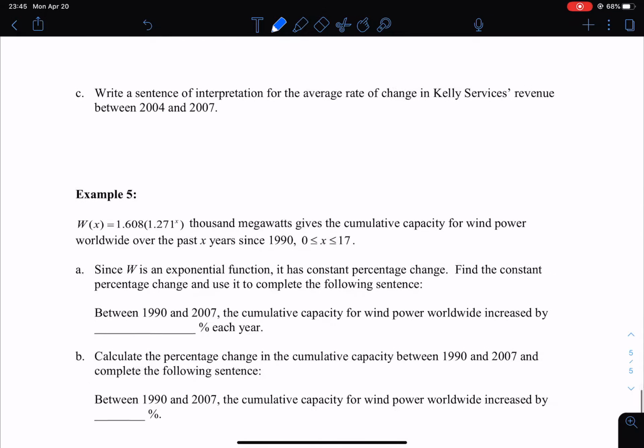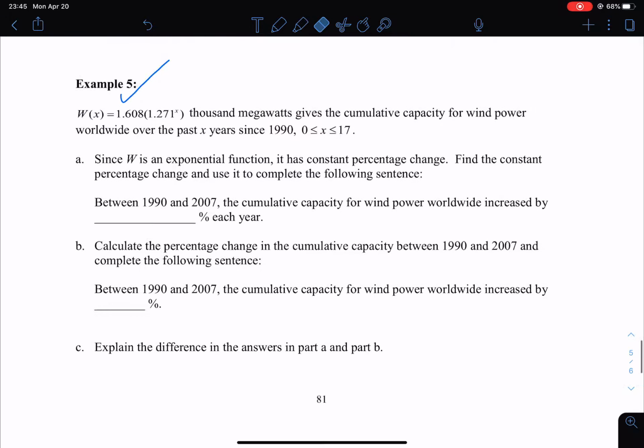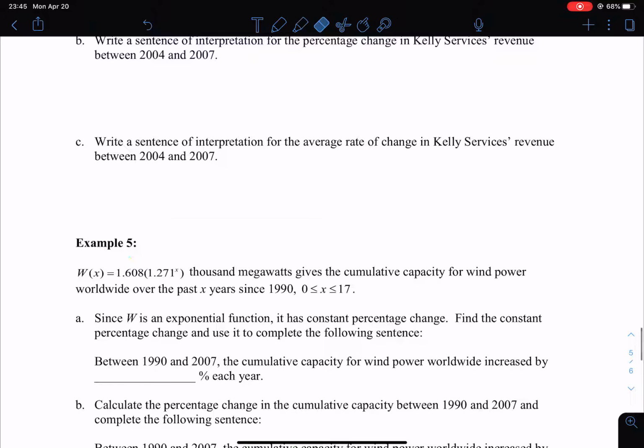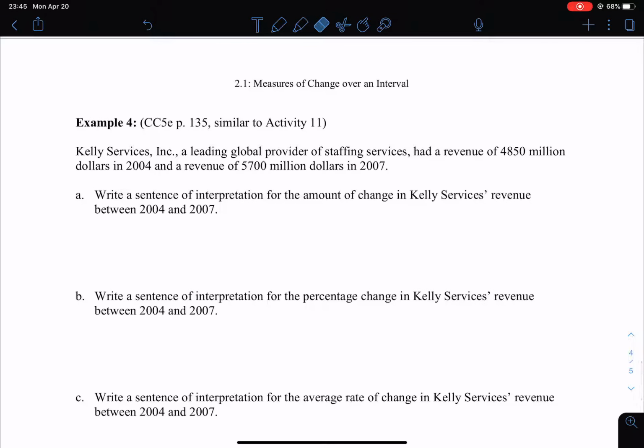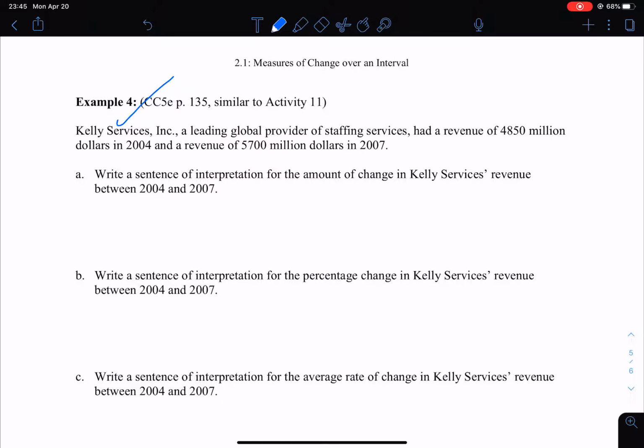Let's see one more example, example 4. Example 4 is about the interpretation. The first one: write a sentence of interpretation for the amount of change between 2004 and 2007. Just follow the model.